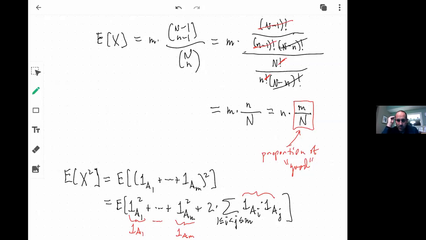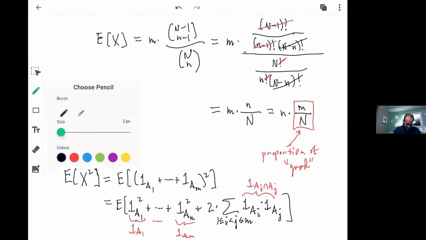Well, that's going to be 1 precisely if AI and AJ occur, which means it's the indicator of AI and AJ. So the product of indicators is like the indicator of the intersection of events, okay? Of course, the book would write that intersection by just juxtaposing AI with AJ, but I don't like writing things that way, okay? So what do we have here?